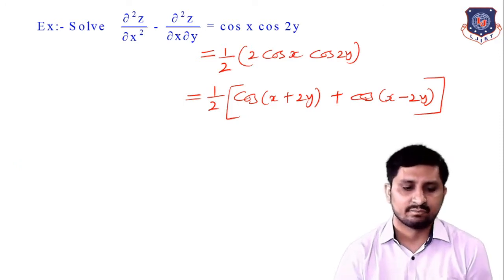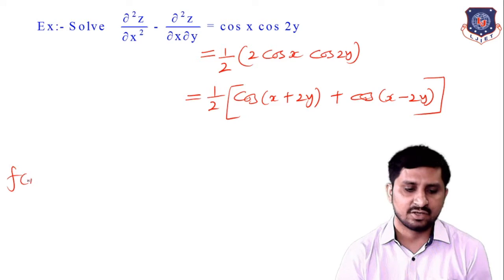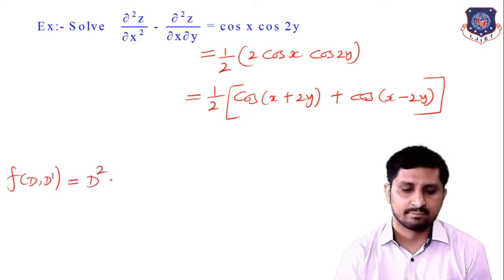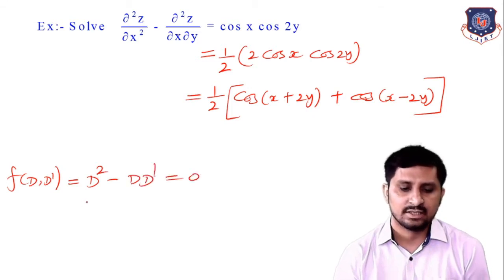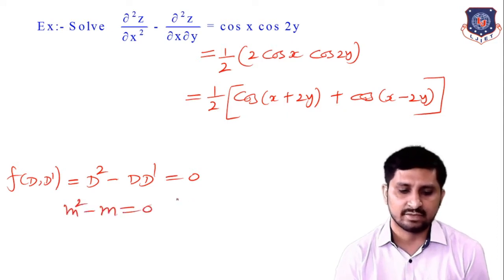What is my f of D, D dash? It is D square minus D dash equals 0. When I convert this equation into m form, it is m square minus m equals 0, where m is nothing but D by D dash.